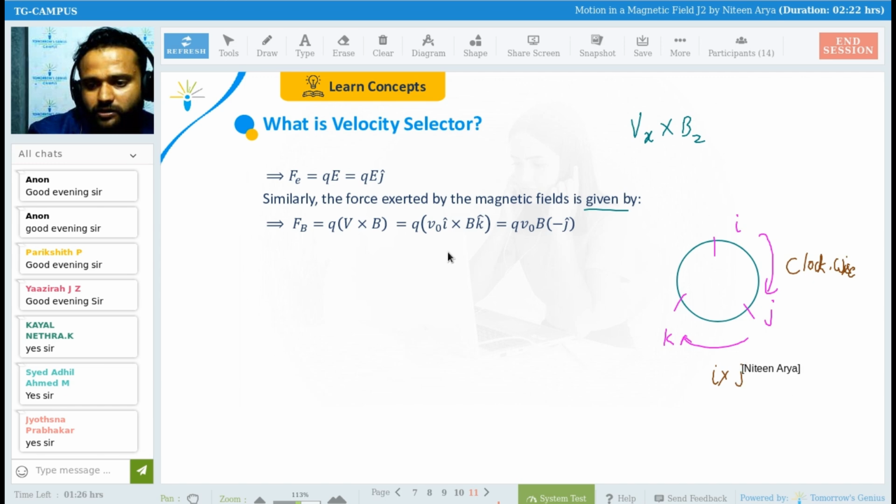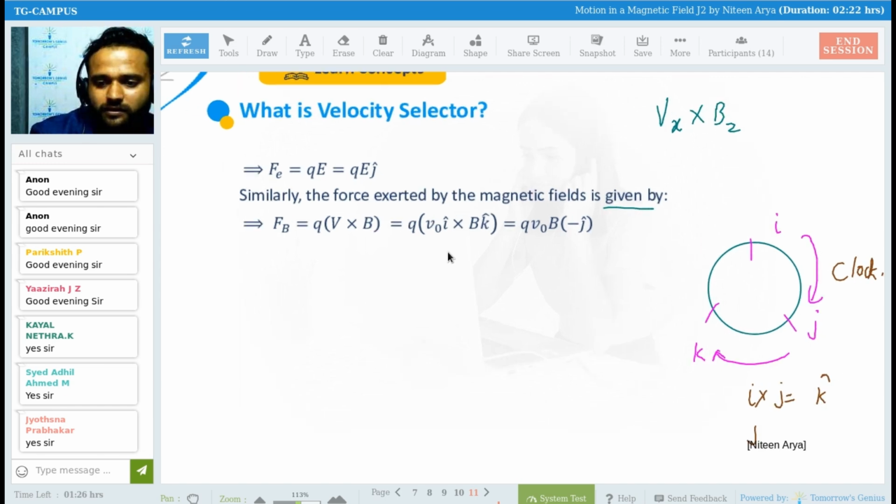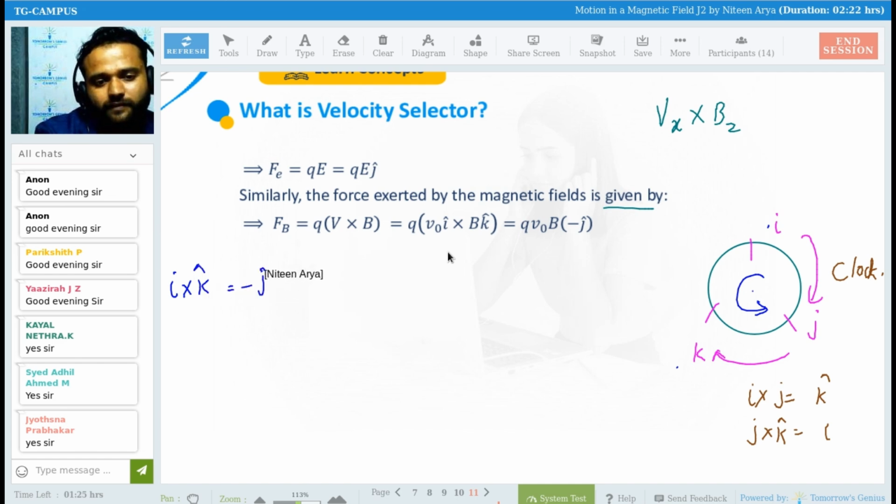For example, I cross J, we get K. Similarly, J cross K, we get I. But if we are going in the anti-clockwise direction, this is the meaning of anti-clock. So here, v cross B means I cross K, so we get negative J. Clear? I cross K gives me negative of J.